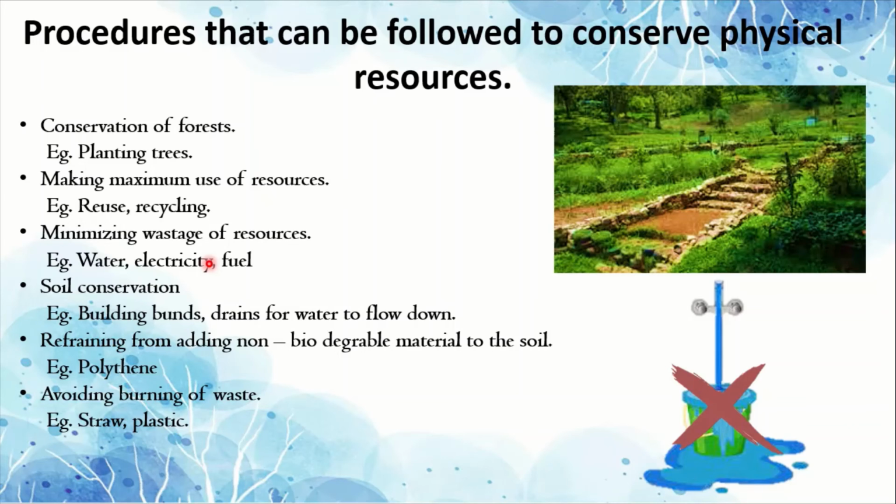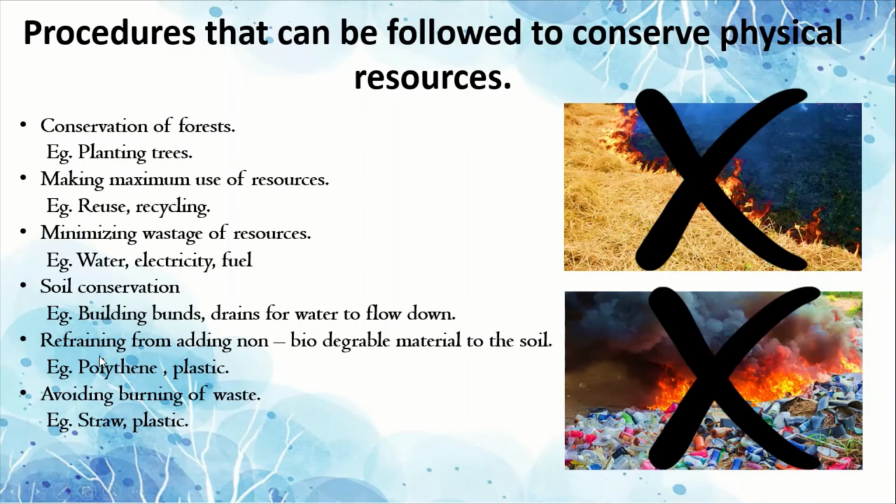Then, soil conservation. For soil conservation, we can build bunds, and drains for water to flow down. Protecting natural forest and large trees helps soil conservation. Next one, refrain from adding non-biodegradable materials to the soil, for example polythene and plastic.